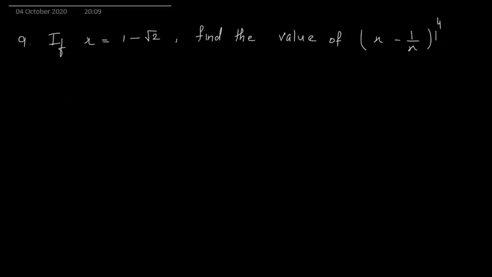Ninth question, the value of x is given and I have to find x minus 1 upon x. So again the same way, x is 1 minus root 2. So we will find 1 upon x, which is 1 upon 1 minus root 2. Now I will rationalize it by 1 plus root 2.